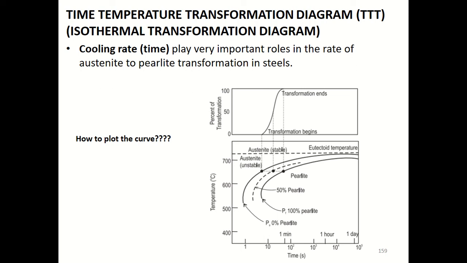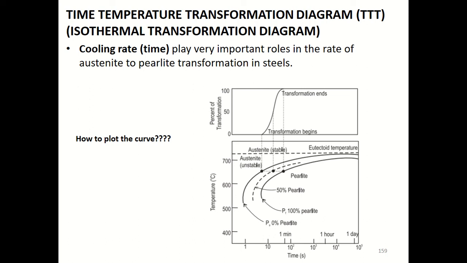We know well that the cooling rate or the time plays a very important role in the rate of austenite to pearlite transformation in steels. What type of cooling rate is applied?